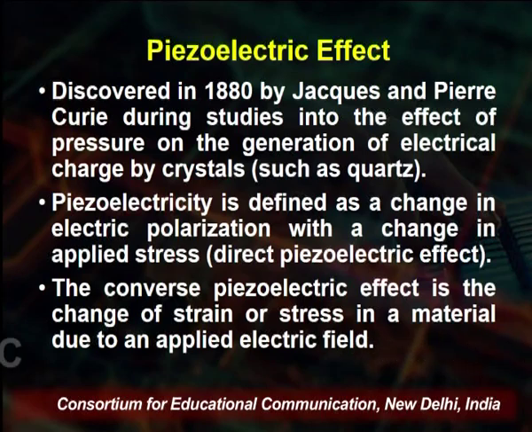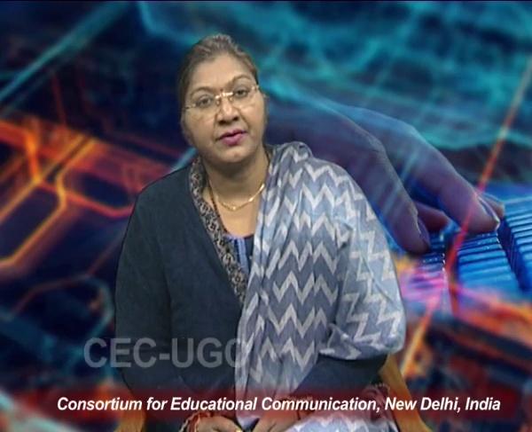The converse piezoelectric effect is a change of strain or stress in the material due to an applied electric field. So we have two types: one is direct piezoelectric, the second is converse piezoelectric. In the direct effect, when pressure is given, the polarization changes. In the second, stress is generated due to the applied electric field.